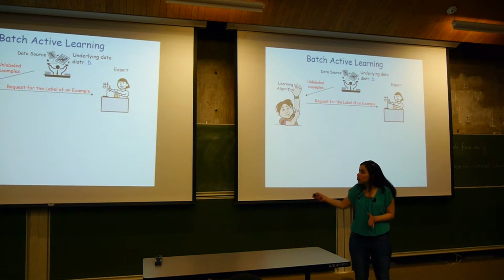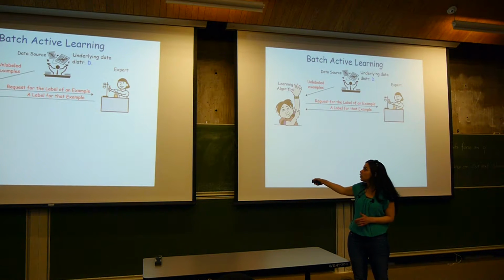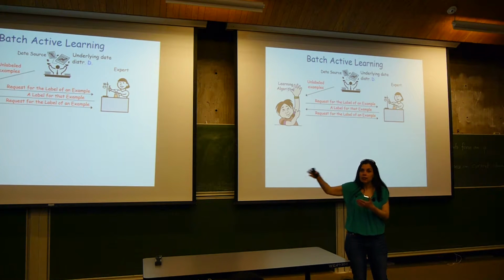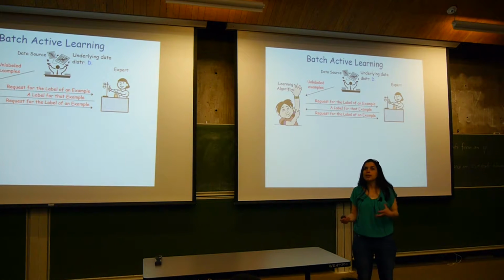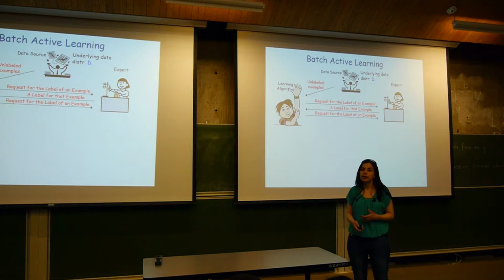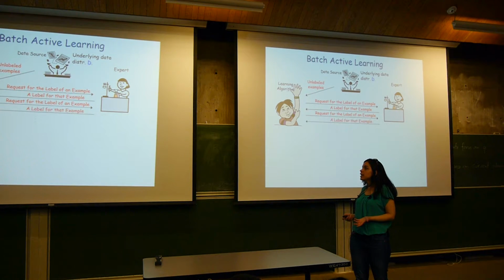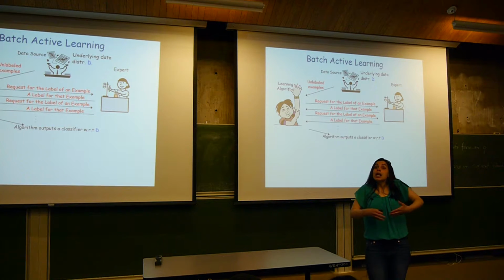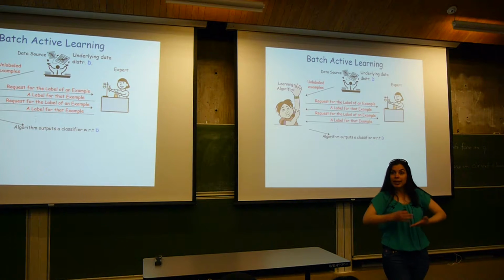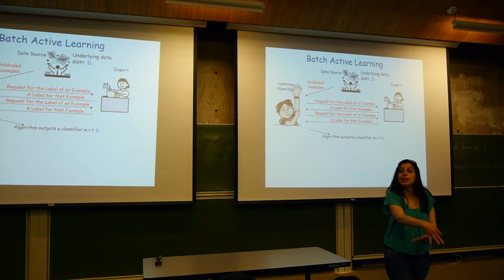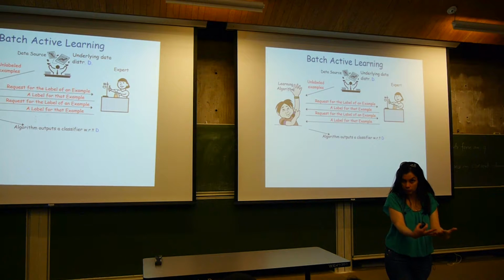It can look at unlabeled data and decide, I want to request the label of this example, and then the expert labels that example. Then you get that information back, and the algorithm thinks a bit more and says, well, I want the label of this example, and the expert labels it. So the algorithm can use large amounts of unlabeled examples, but it can also choose specific examples to be labeled.